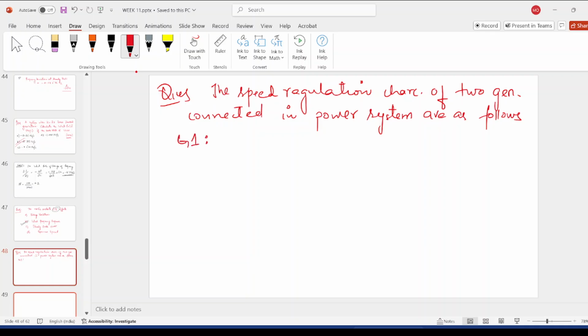G1: 120 MVA, 60 Hz, R1 is equal to 0.05 Hz per unit on machine base.